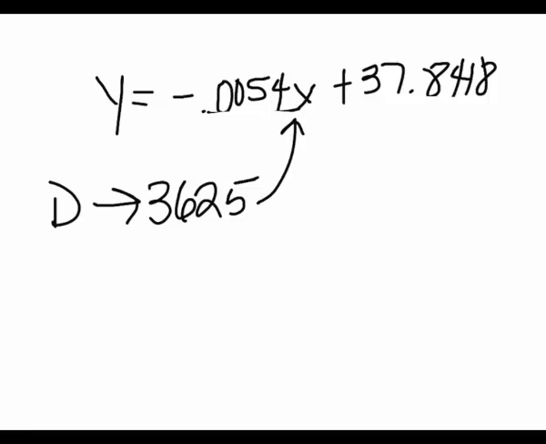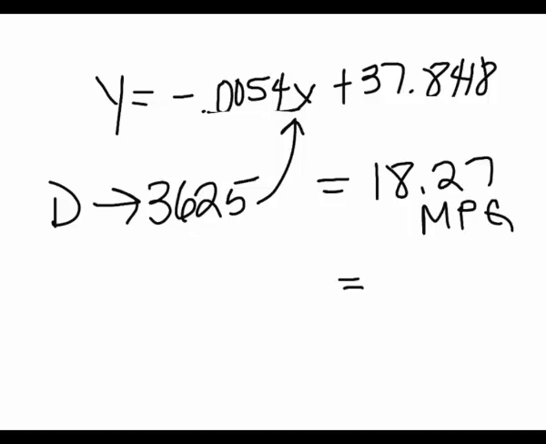If you do negative 0.0054 times 3,625 and then you add 37.8418, I get about 18.27 miles per gallon. Okay, that's according to the formula. Now, according to the table, if you go back and look, I got 20.3 miles per gallon. Okay, so this is from the formula. This one's from the table.